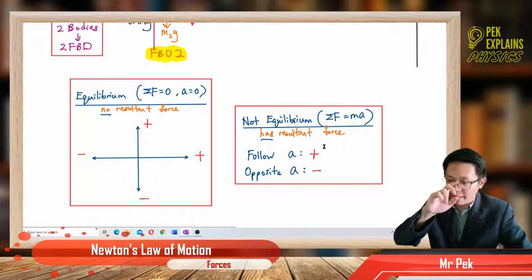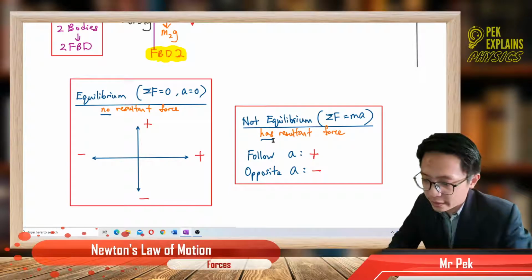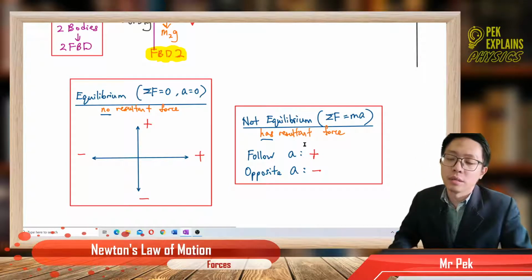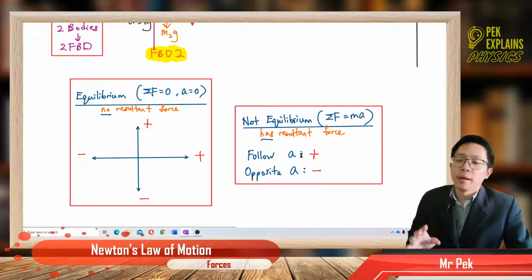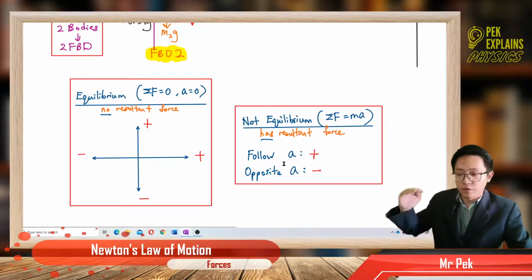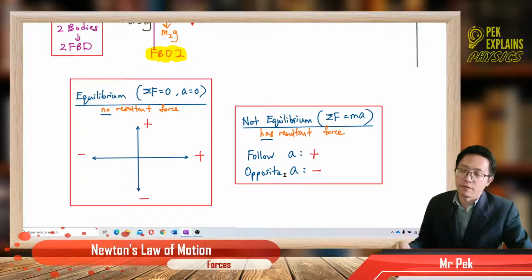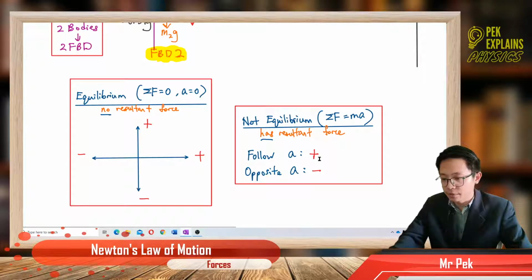But when we have acceleration, total F equal to ma, or we can say it has resultant force, not equilibrium, then the sign positive follows acceleration. Opposite acceleration, negative.